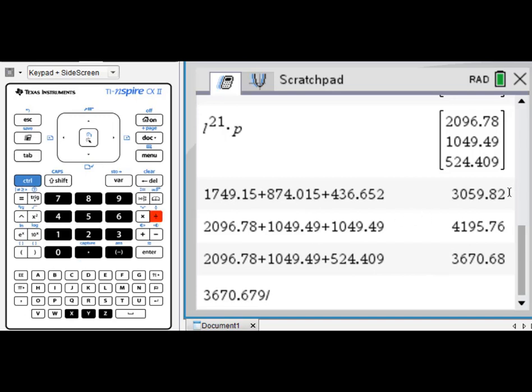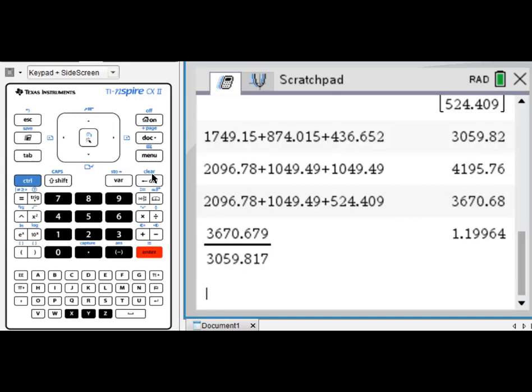So to find our rate of increase, I can then go that second value divided by the first. So my current population divided by my previous population. And it's approximately 1.2.